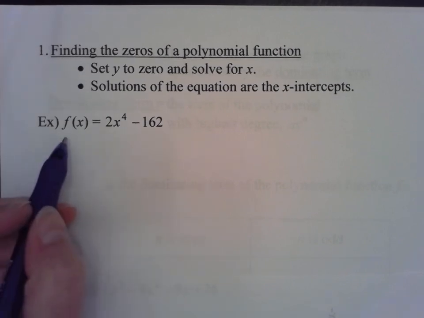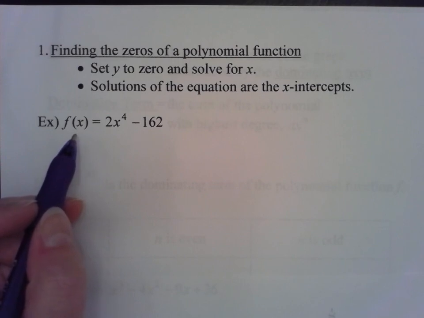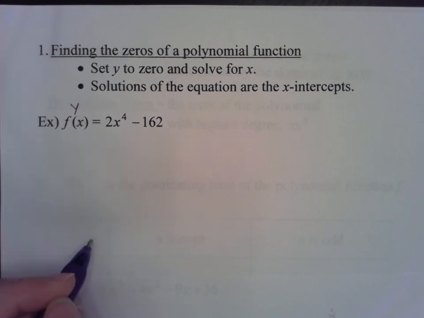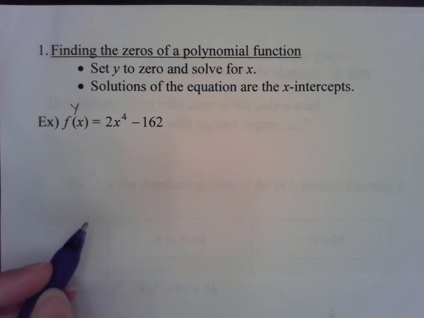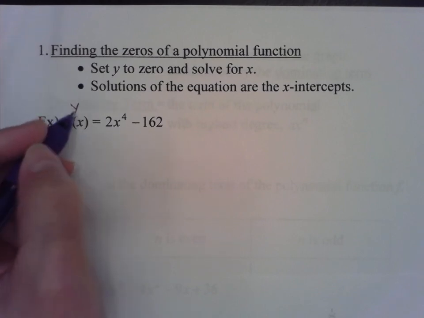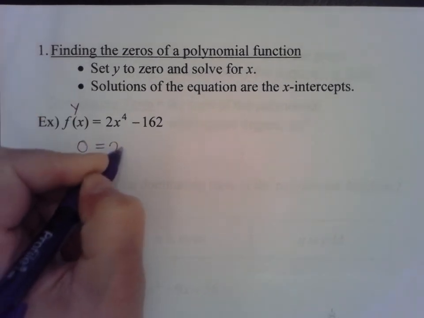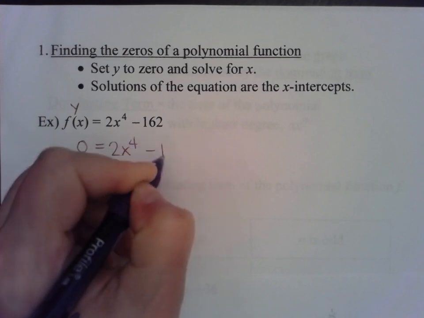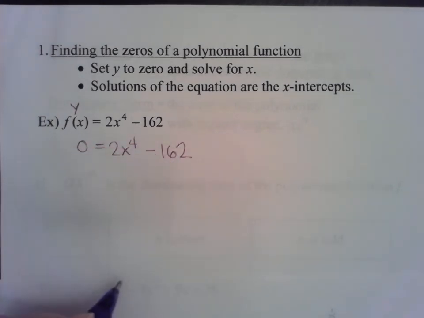Okay, so I've written this as a function just because that's the context we're going to talk about these ideas in. But the f of x, remember, is interchangeable with the y. So if you would prefer to see a y, you can always put a y in there. We're going to make the y equal to 0, and we're going to solve for x.